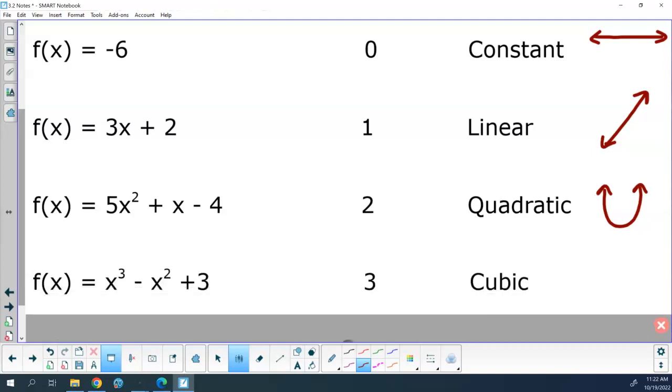A cubic function has a degree of 3. It kind of has that little wave going on through there.